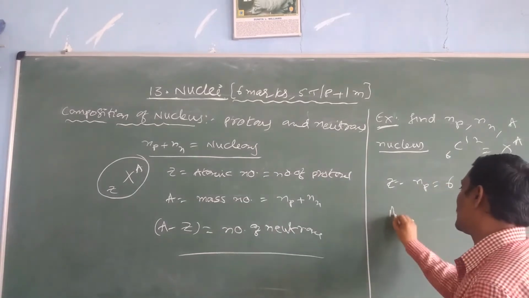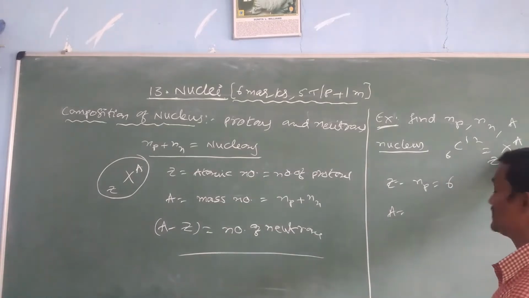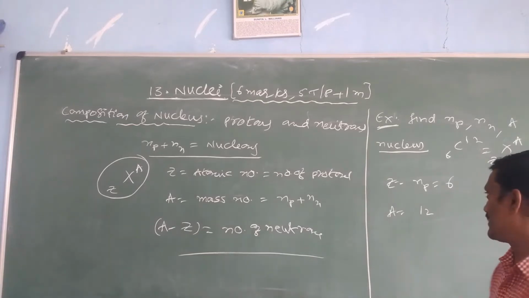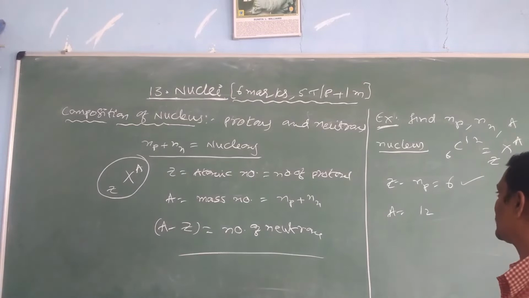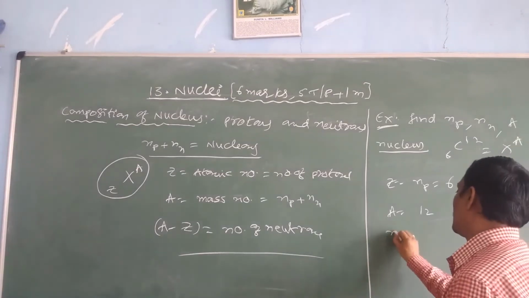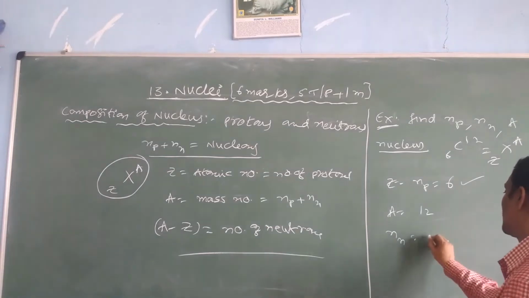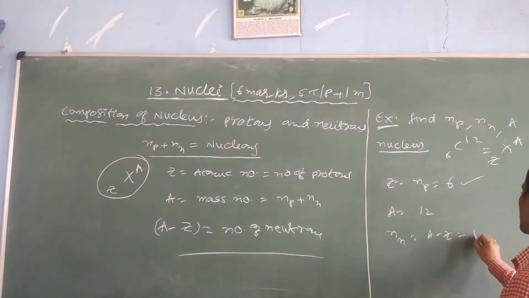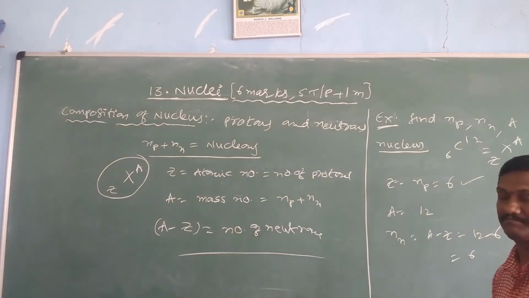And the mass number, or number of nucleons, is A, which is 12. By knowing the number of protons and total number of nucleons, now find the number of neutrons. The number of neutrons is A minus Z, which is 12 minus 6, which is 6.